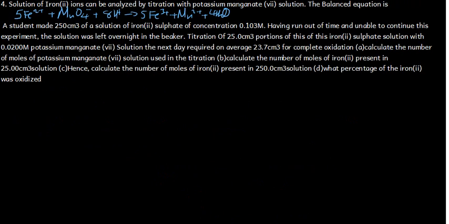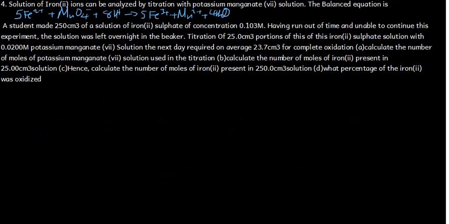Having run out of time and unable to continue his experiment, the solution was left overnight in the beaker. Titration of a 25 cubic centimeters portion of this iron 2 sulfate solution with 0.02 molar potassium manganate solution the next day required on average 23.7 cubic centimeters of solution for complete oxidation.